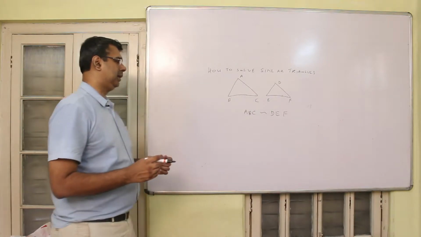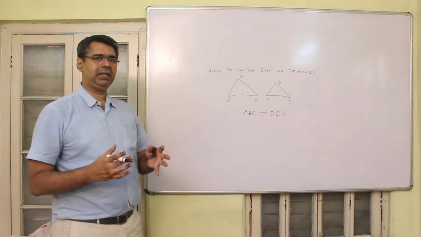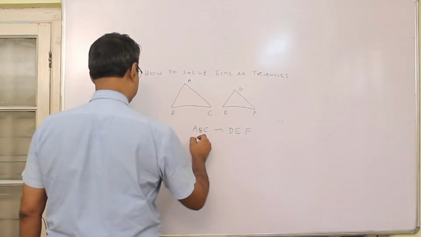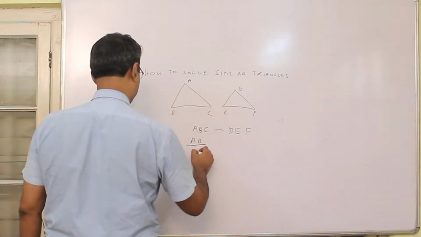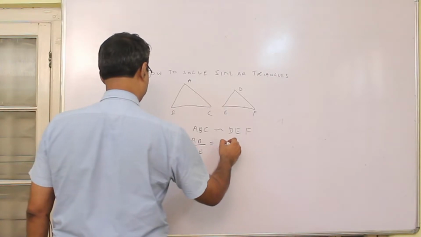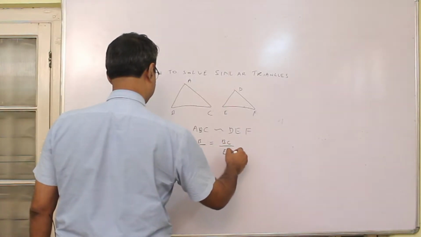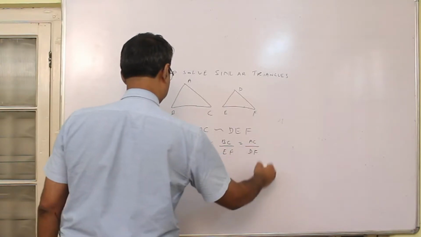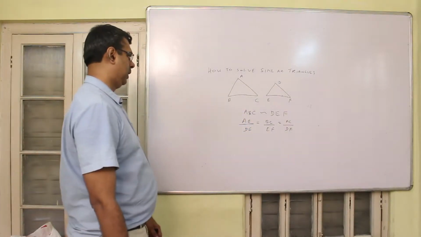What exactly do we mean geometrically when we say that two triangles are similar? Geometrically it means two things. First, the sides are proportional, so AB by DE is equal to BC by EF is equal to AC by DF.